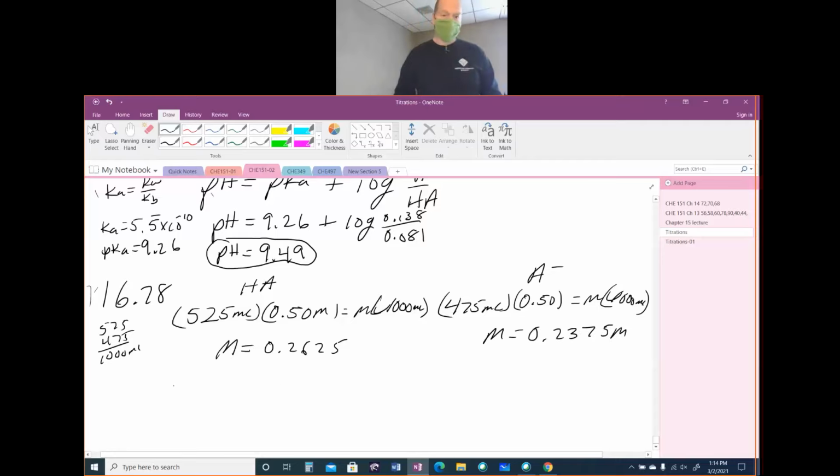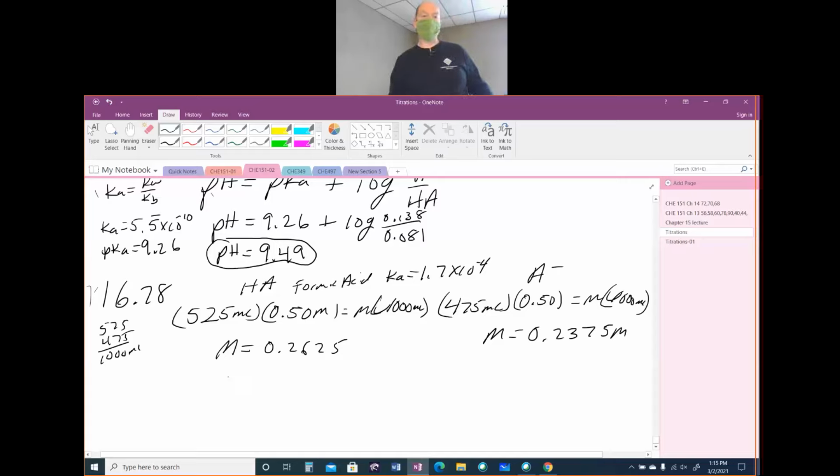All right, and so I have to look up the Ka for the formic acid. So formic acid, which is our weak acid HA, the Ka for that is 1.7 times 10 to the minus 4.